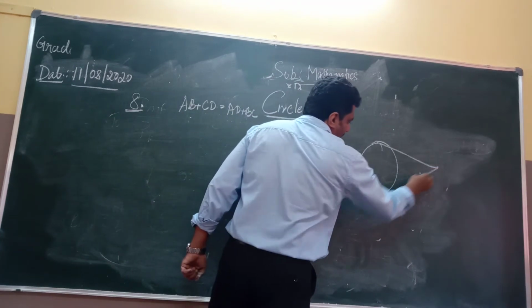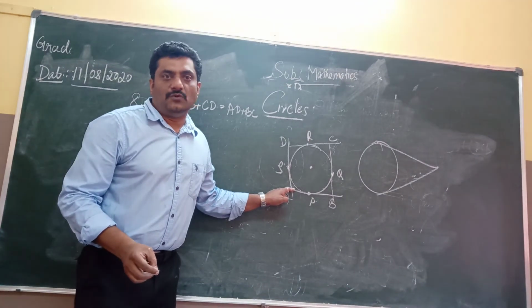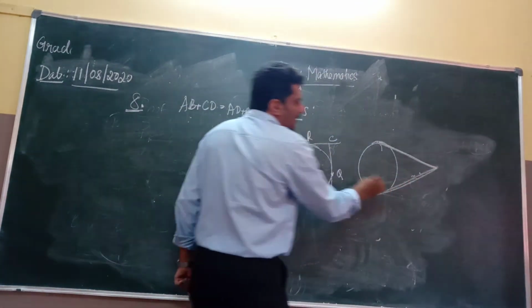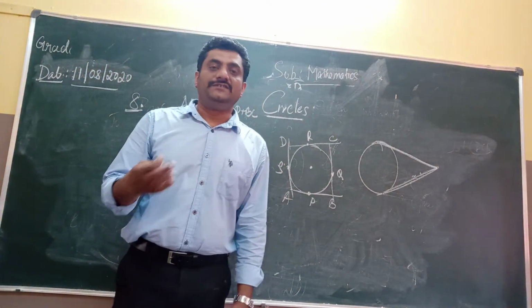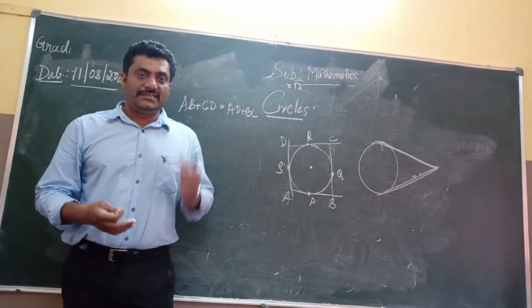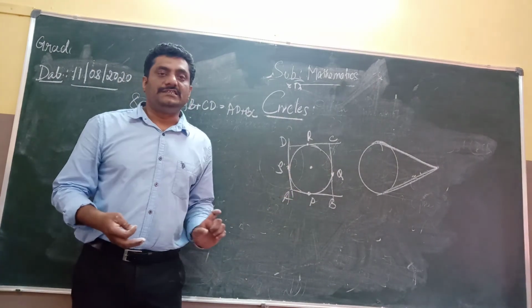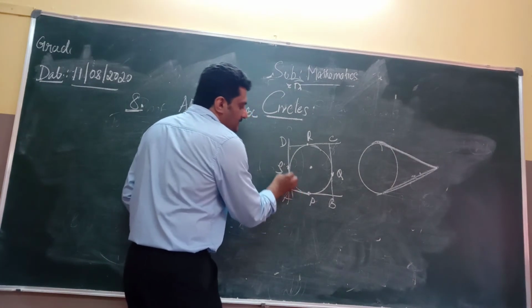If you have it like this, it is the same thing, but very small. Always remember these two lines are equal, because as per the external point theorem, the lengths of the tangents drawn from an external point are always equal. Now this is the external point. That means AP is equal to AS.